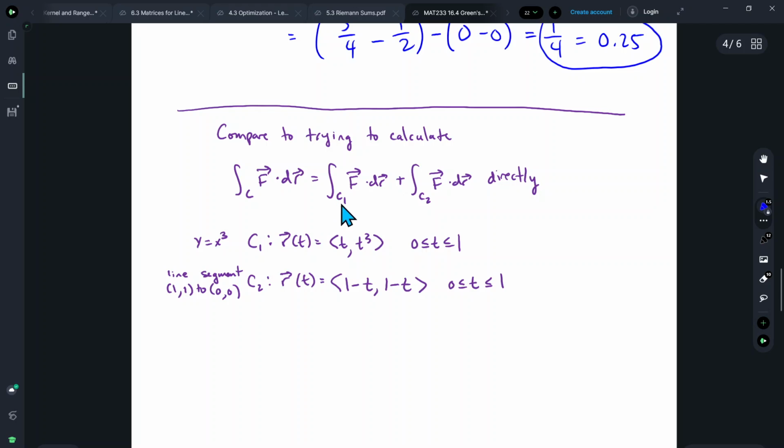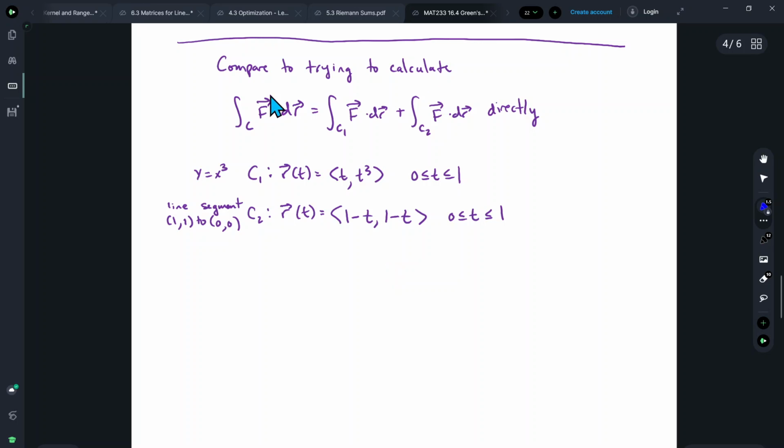So as I said before, the curve C is broken into two parts, C1 and C2. So you have to calculate them separately. To calculate the line integral, you have to parameterize the curves. So C1 would be parameterized like this. C2 would be parameterized like this. And then you can proceed to calculate the two line integrals.